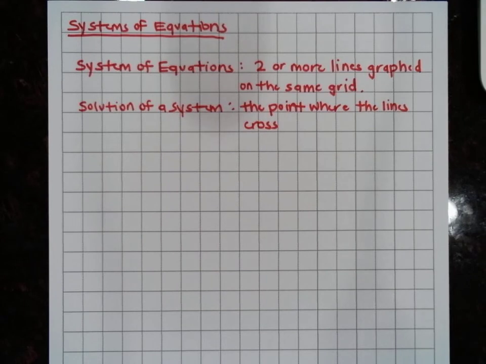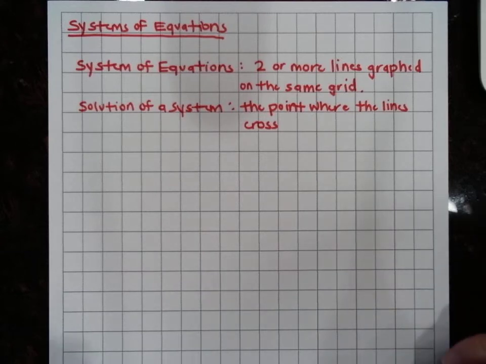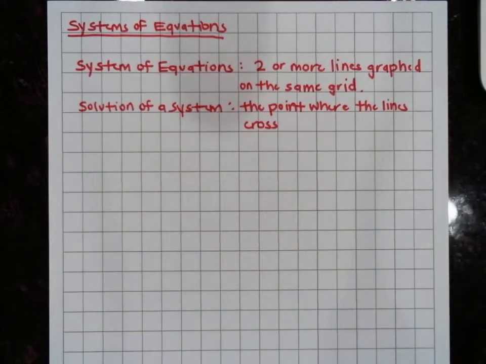So there's a little introduction to systems of equations. So today we are going to find the solution by graphing. So we're going to be solving systems of equations by graphing.